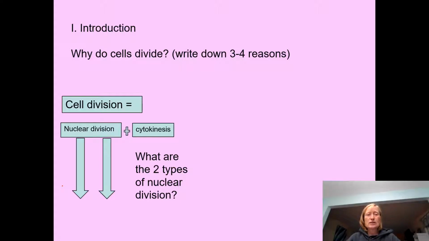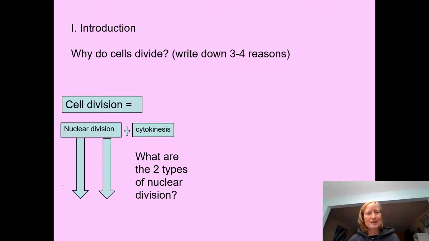So the first question is, why do cells divide? Well, why do they need to divide? You can probably think of a few reasons. Let's see. Cells, and you might want to write these down, right? Cells need to divide because of growth, right? Organisms grow.